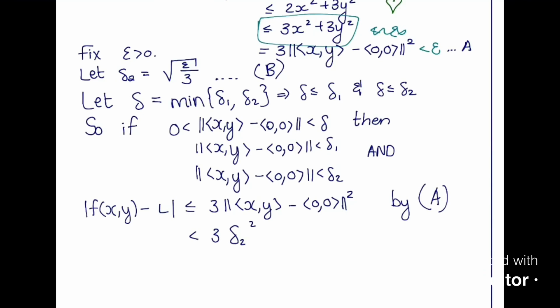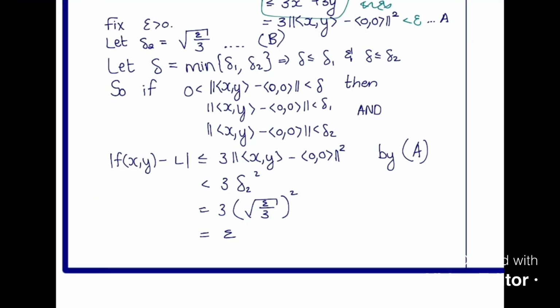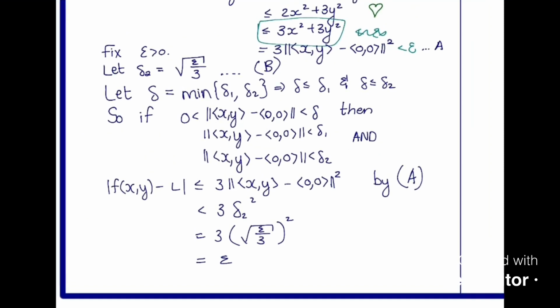And this we can say is equal to 3, and then we substitute in the value of delta 2, which is the square root of epsilon over 3, squared. And this is just equal to epsilon. Now to finish the proof, you have to say, since this holds for all epsilon greater than 0, by definition of a limit, we know that the limit as (x,y) tends to 0 is equal to L.